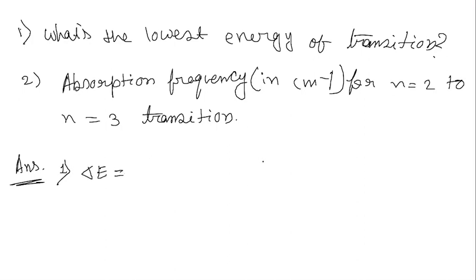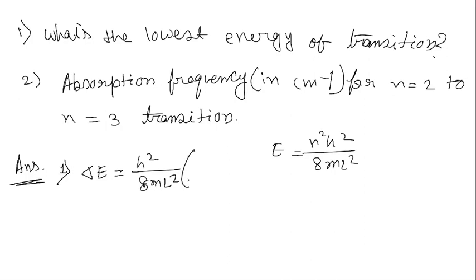E equals, we know this one. I am replacing n equals 2 and 3. I took this term outside and only the n terms inside: 3 squared minus 2 squared.